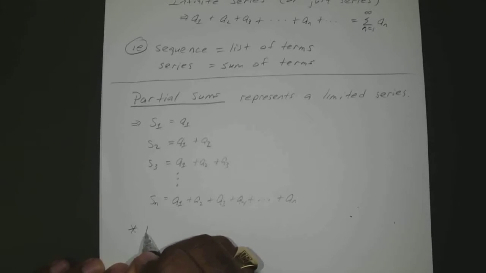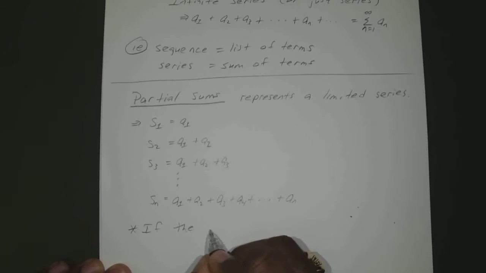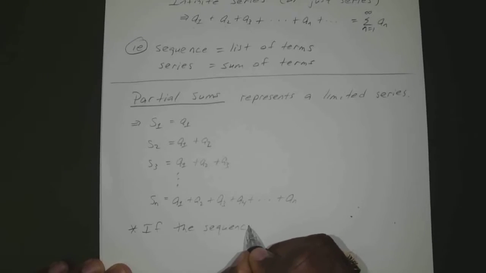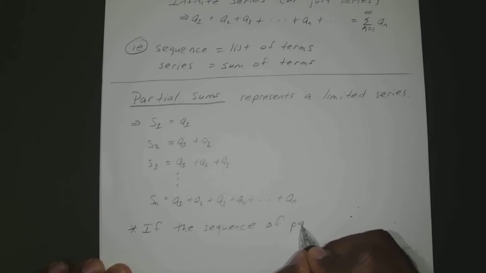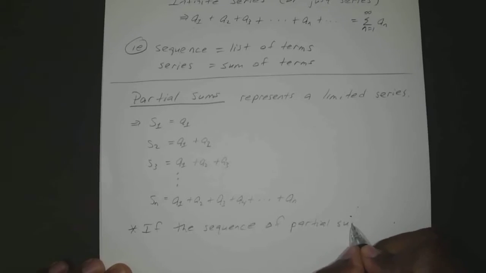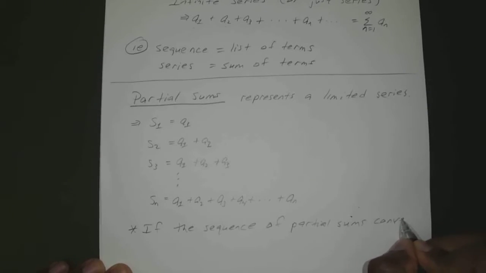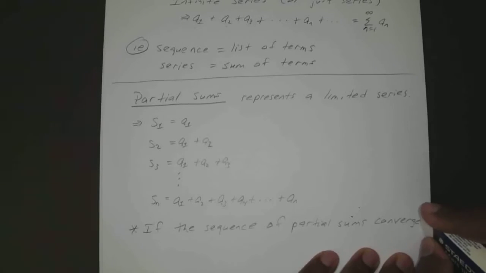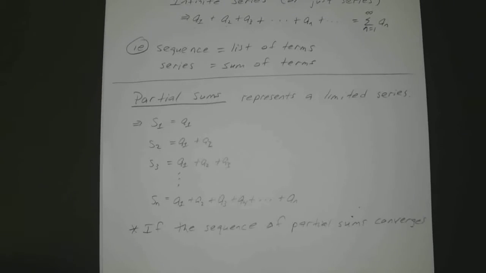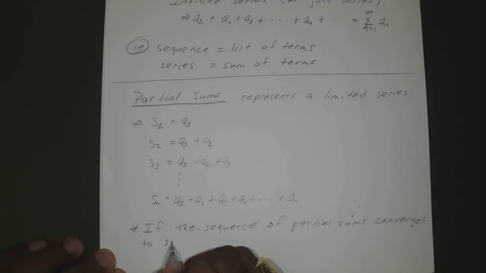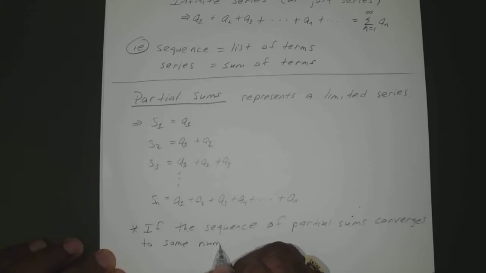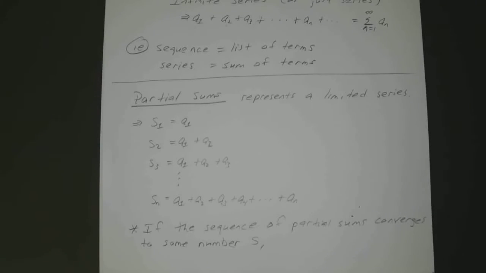Okay, so we can pretty much say that if the sequence of partial sums converges, let's say to some number, we'll call it S just because it's for partial sums, some number S, then we'd say that the series actually converges.